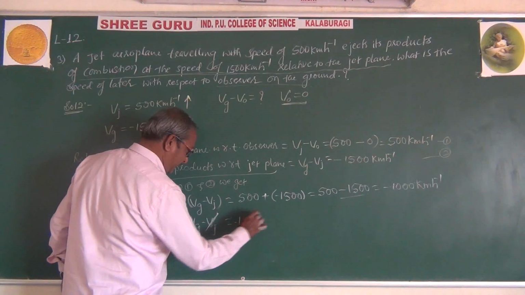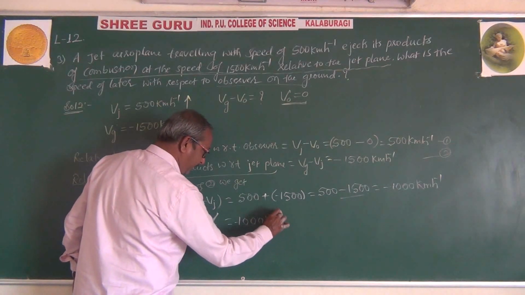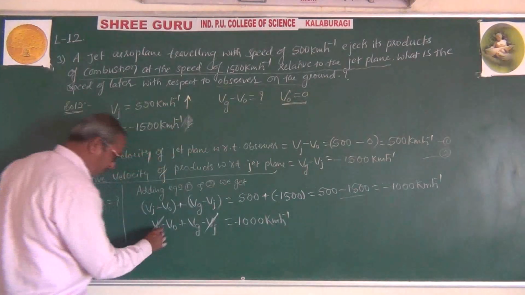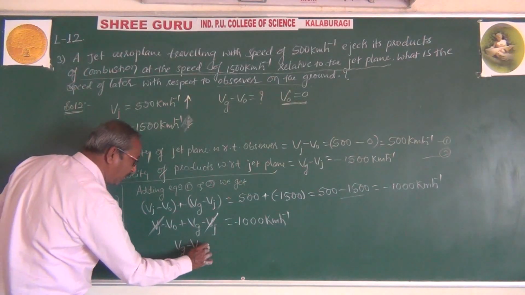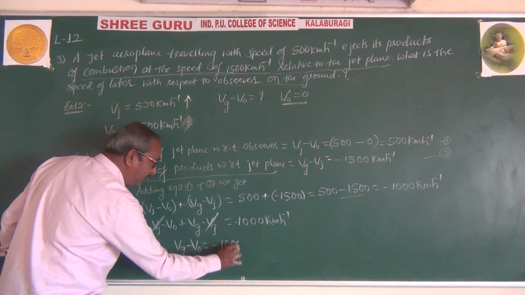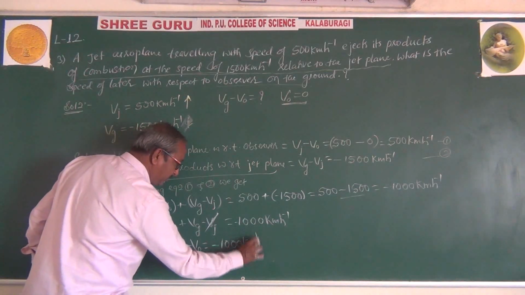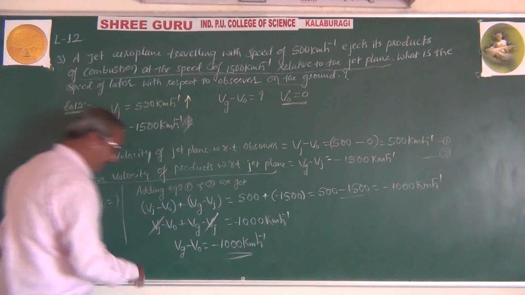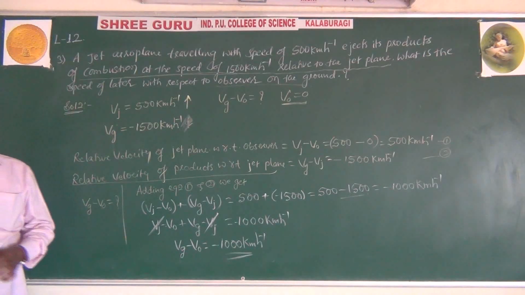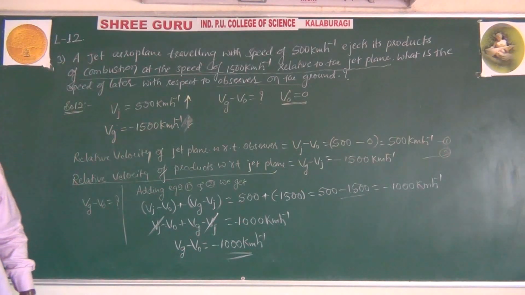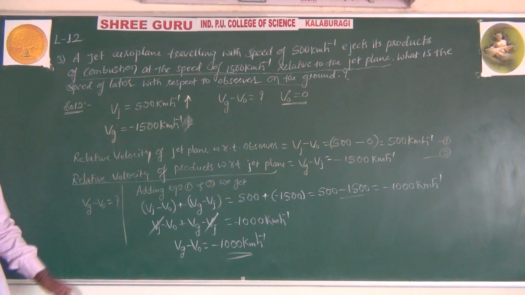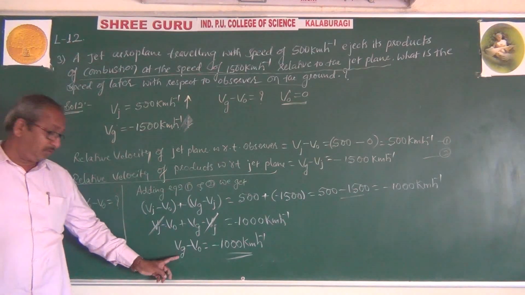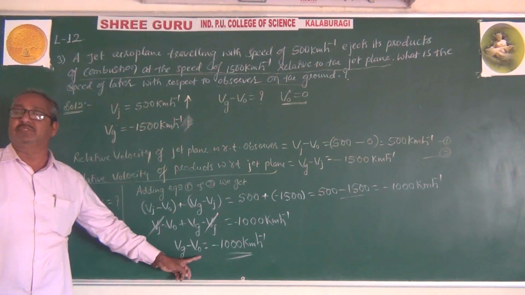Minus 1000. So therefore Vg minus Vo equals minus 1000 kilometers per hour. This is the velocity of the latter, meaning the velocity of the product with respect to the velocity of the observer, which is nothing but the relative velocity of the product with respect to the observer.